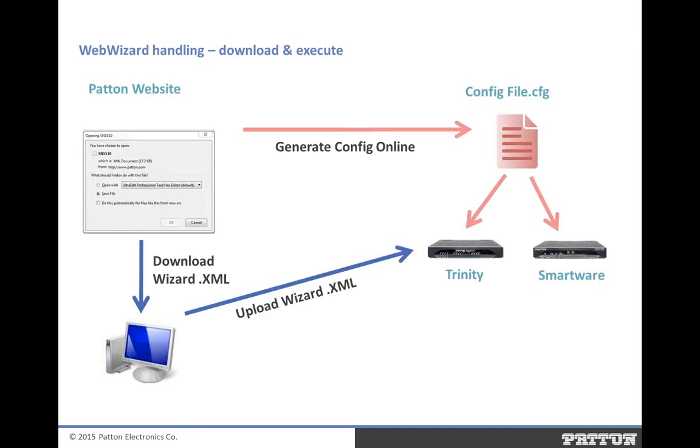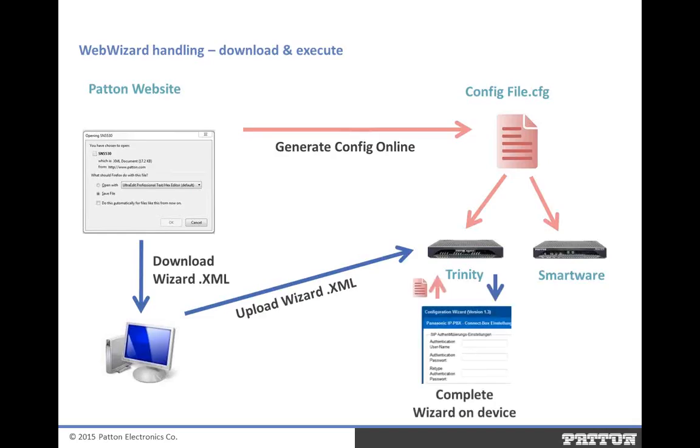You can download the entire XML-based wizard file to your PC, upload it onto a Trinity device, and then execute that wizard on the Trinity device in the same manner as I just explained, in order to generate a config file for it. That happens all locally on the device itself. So the second part only works for Trinity devices, downloading and uploading the entire XML-based wizard file. However, executing the wizard online on the Patton website can, depending on how the wizard has been written, generate a config file for either a smartware or a Trinity device.